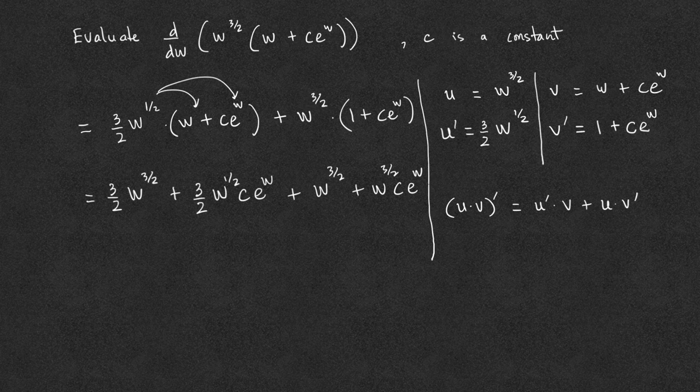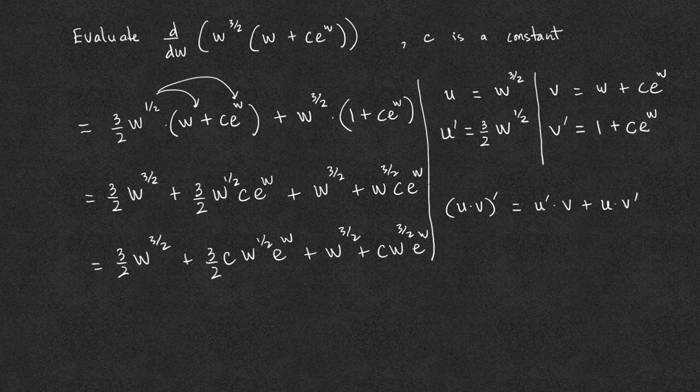Remember that c is a constant, and so it is better to put c in front of the term. So this is 3/2 w to the 3/2 power plus 3/2 c w to the 1/2 e to the w plus w to the 3/2 plus c times w to the 3/2 times e to the w power.